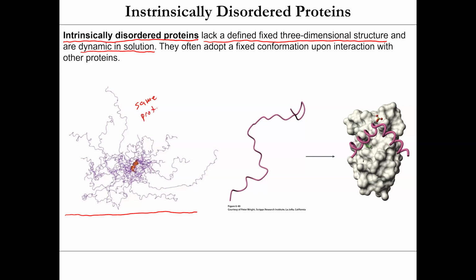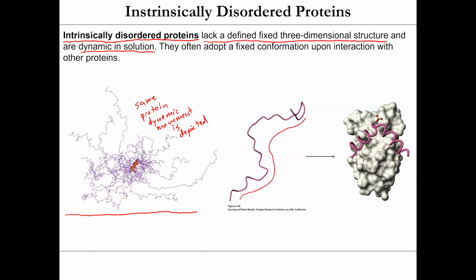And what you don't see in that protein is a lot of beta sheets or alpha helices or any other secondary structure that would lead to an overall binding via tertiary structure. That's because this is an intrinsically disordered protein. Its structure causes it to be disordered, and that's related to its activity. Now, also importantly, often these intrinsically disordered proteins do adopt a more fixed conformation or folding upon interactions with other proteins.